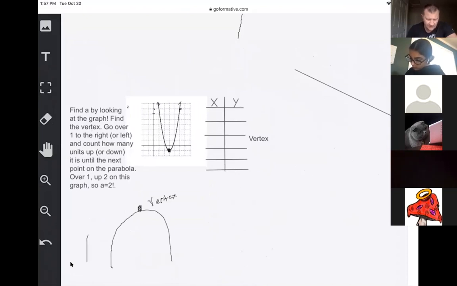Now it says, now that we found the vertex, go over 1 to the right or to the left, doesn't matter, and count how many units up or down until it hits the parabola. So I'm gonna go 1 over, either way, because it's the same, and then I'm gonna go up until I hit the parabola, okay? Over 1 and up 2, so A is 2.